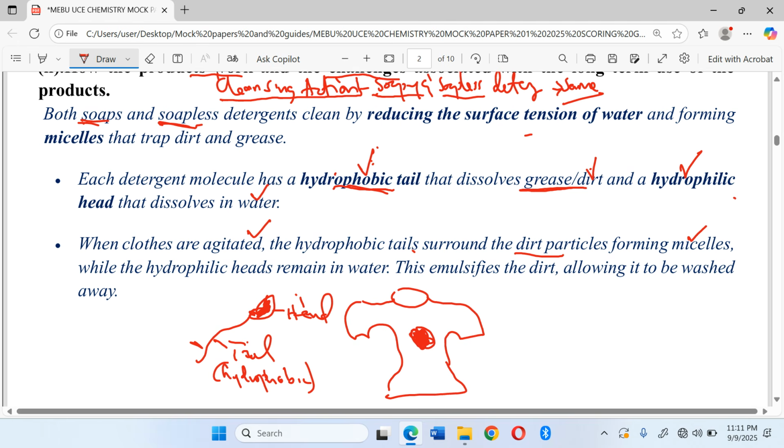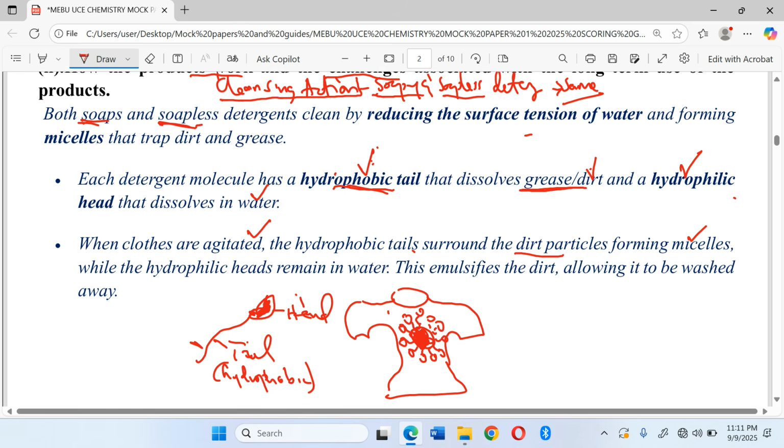Because there are very many molecules, different molecules come and surround the dirt, since the head dissolves very well in water and the tail is dirt loving.